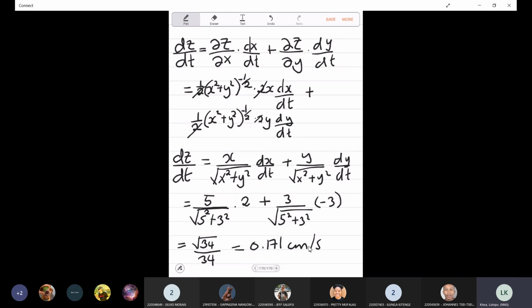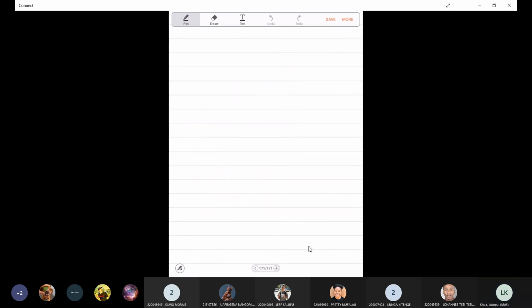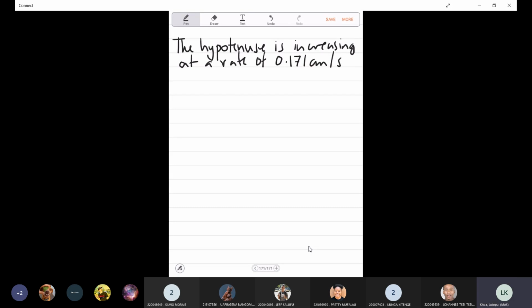0.171 centimeters per second. So we can write: the hypotenuse is increasing at a rate of 0.171 centimeters per second at the instant when x is 5 and y is 3 centimeters.